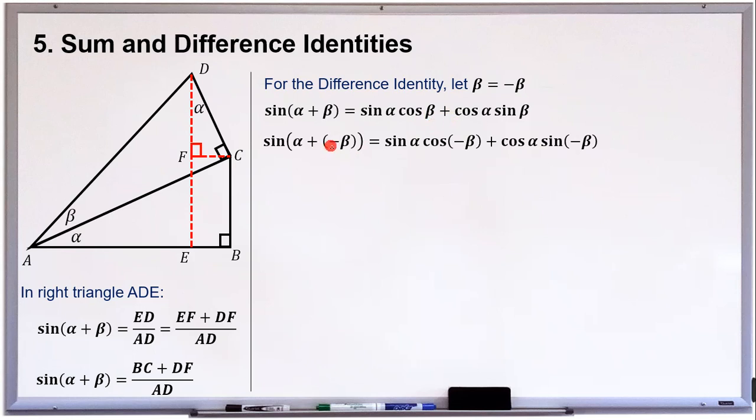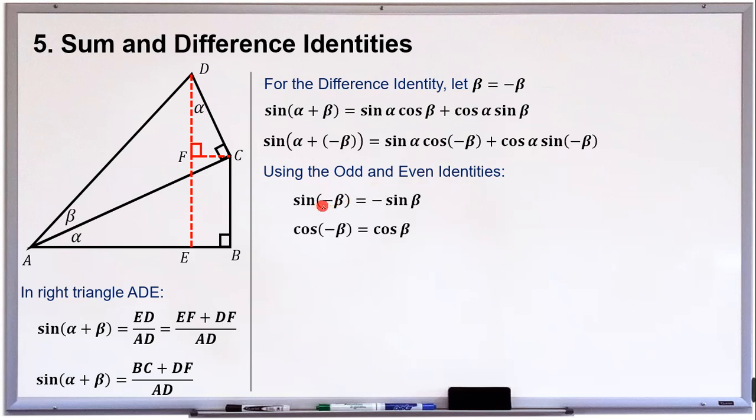If we substitute the negative of the angle beta, and use the previous identities that we have learned, the odd and even identities, we all know that the sine of a negative angle is the negative of the sine of the angle, and the cosine of the negative of the angle is equal to the cosine of the positive angle.